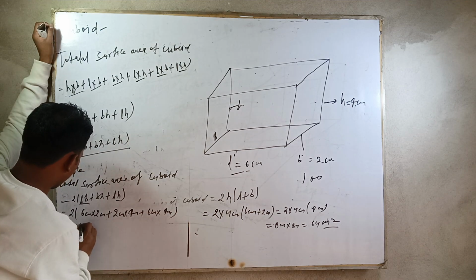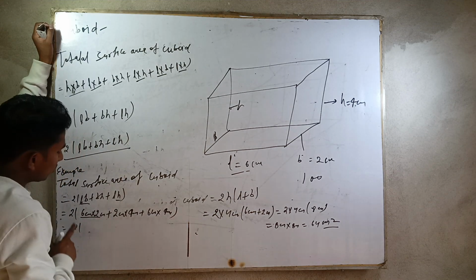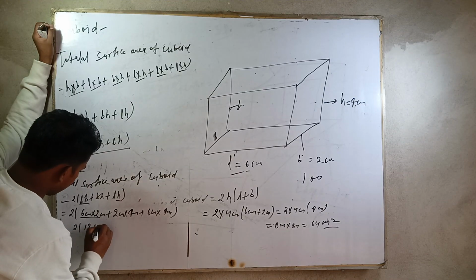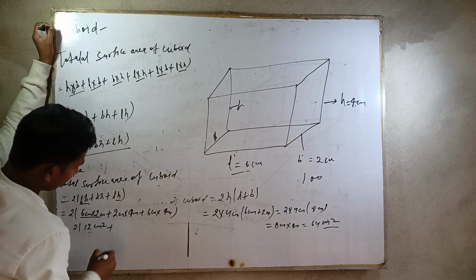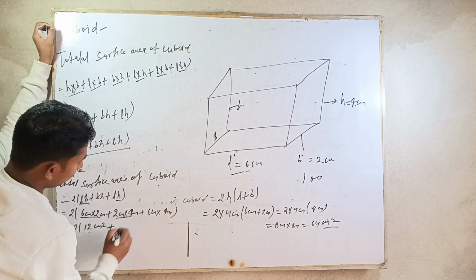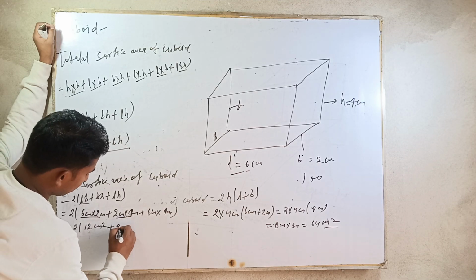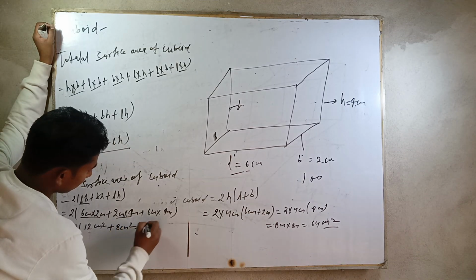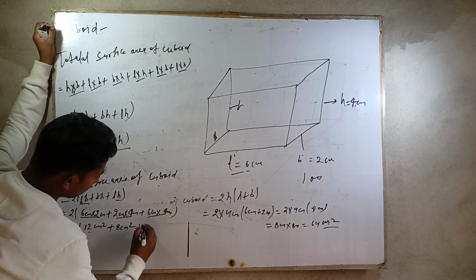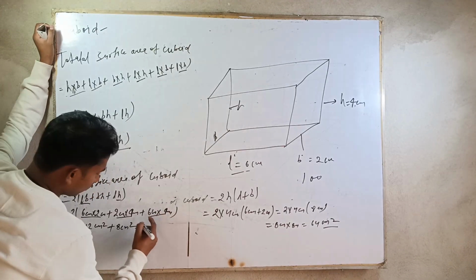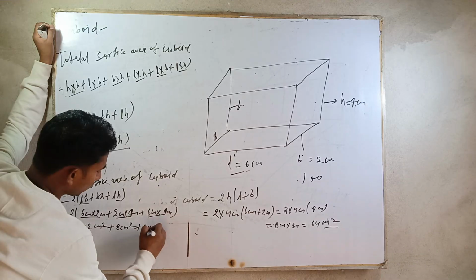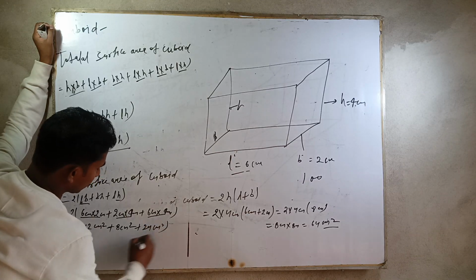If I solve, then 6 2s are 12 centimeter square plus 4 2s are 8 centimeter square, and next one is 4 6s are 24 centimeter square.